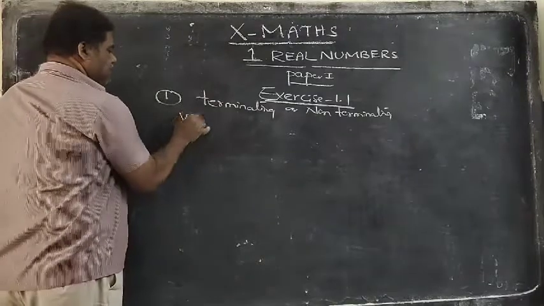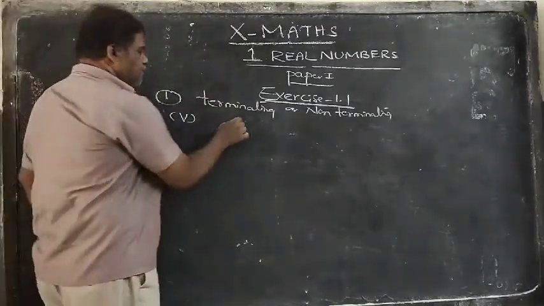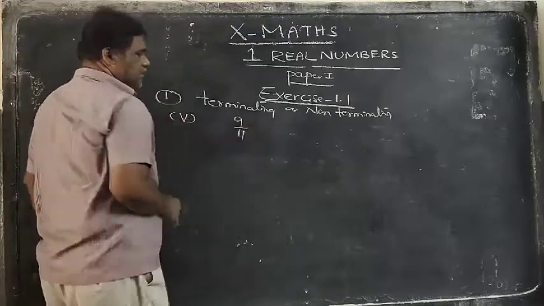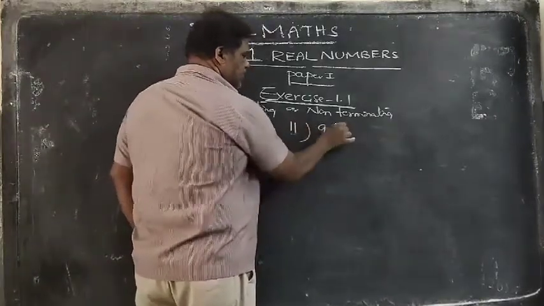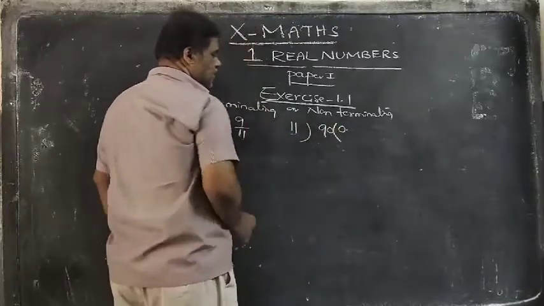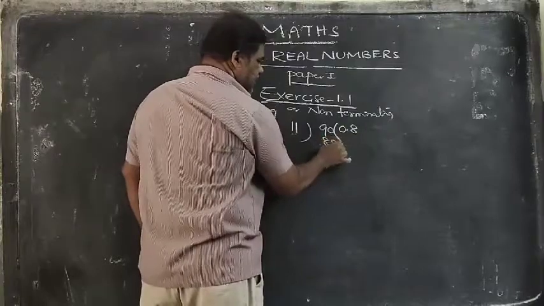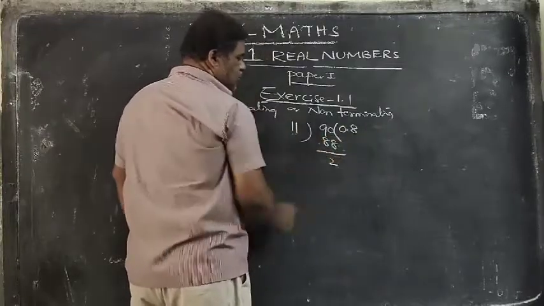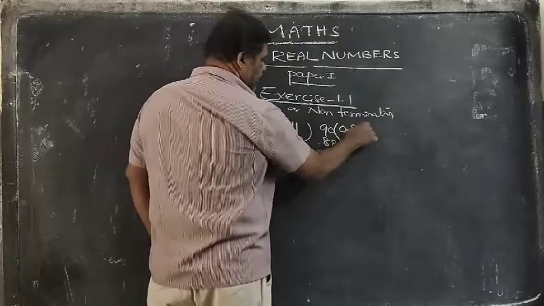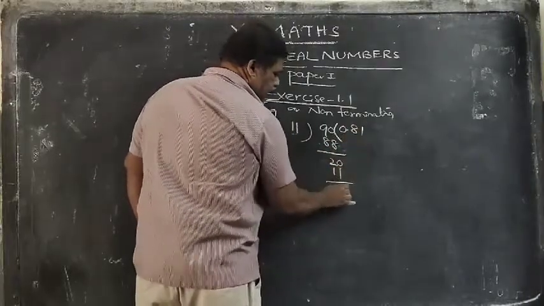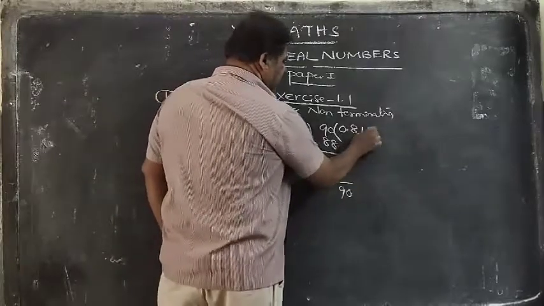Right, fifth one, 9 by 11. Let us divide 9 by 11. 11 eights are 88. Here the remainder is 2. Keep 0 and continue the division. 11 ones are 11, that is 9. 11 eights are 88.